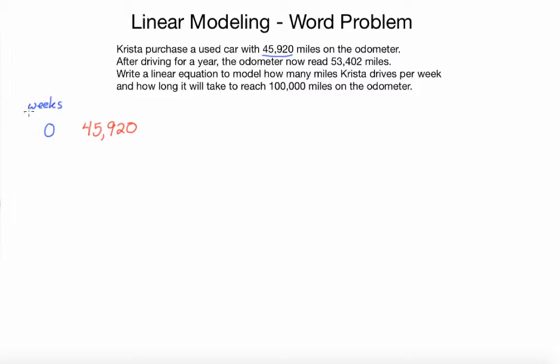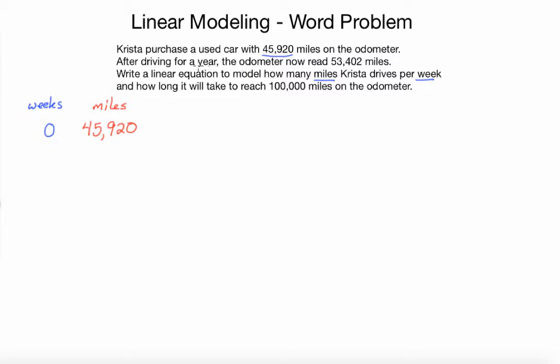And I'm only using weeks because I was asked to write a linear equation to model how many miles Krista drives per week. All right, so we're keeping track of weeks here and miles. There's actually 1 point. When she goes 0 weeks, we've driven 45,920 miles.